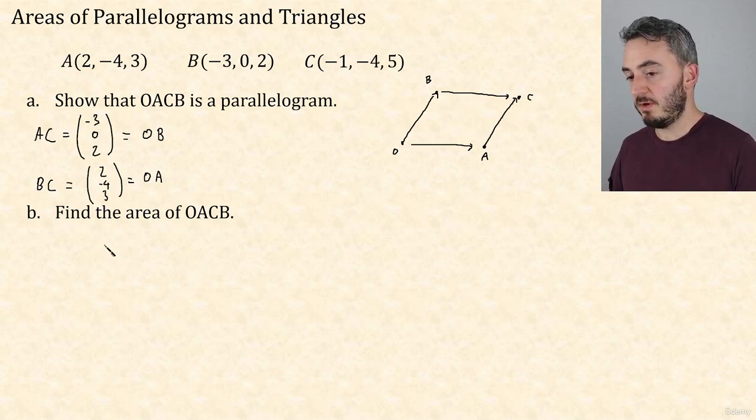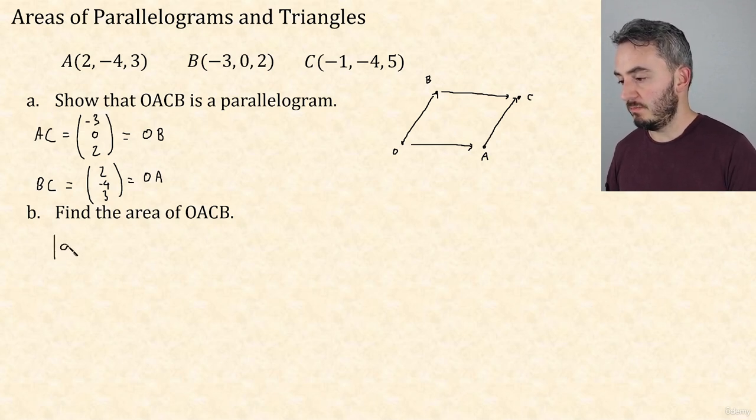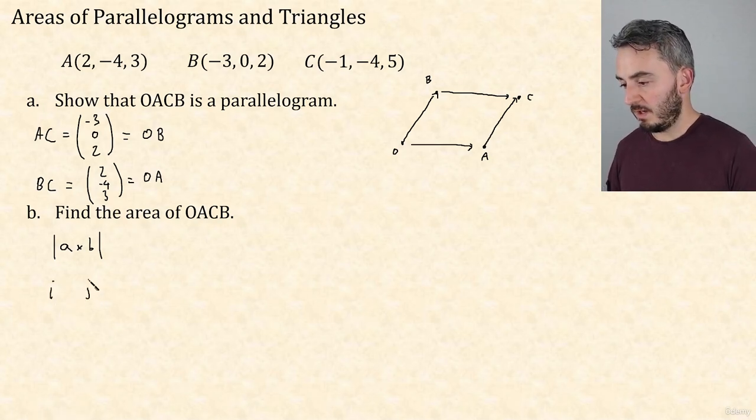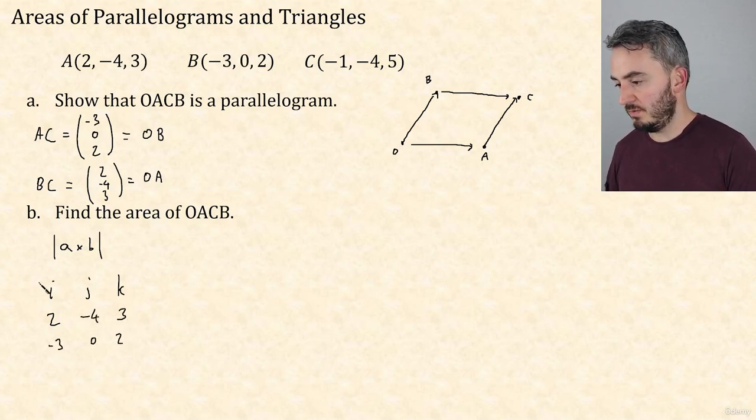Okay, now the area of this parallelogram, well, we can just use our formula that it is the modulus of the vector product of A and B. So let's find the vector product, i, j, k, put in A, 2, minus 4, 3, minus 3, 0, 2, and see what we get.